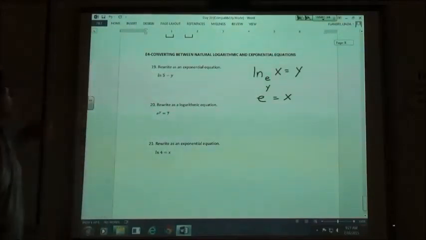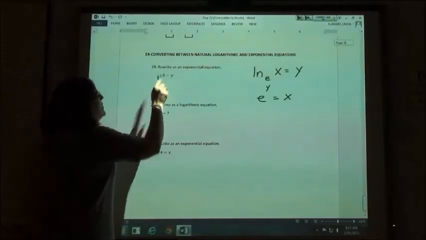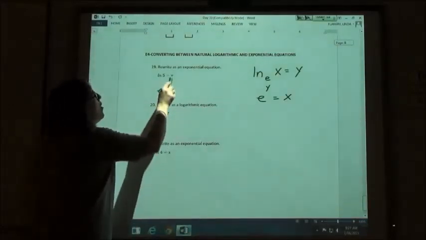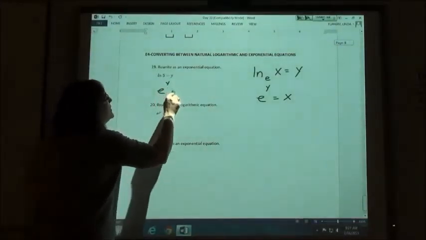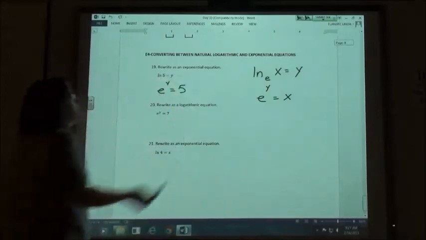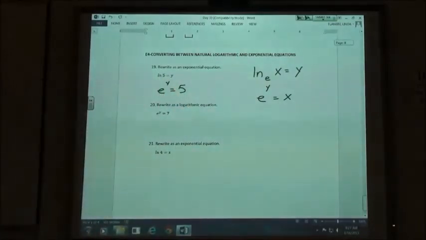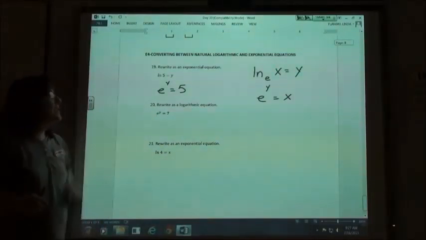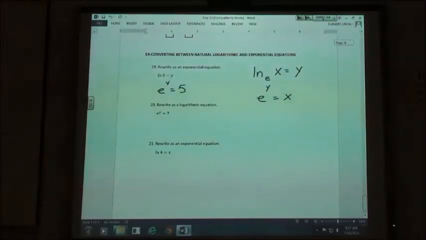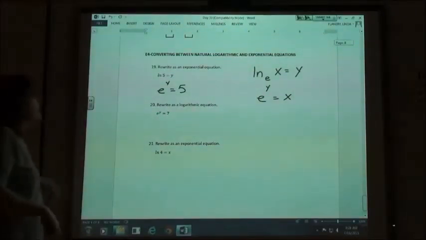So we have the natural log of 5 equals y as an exponential equation. I would say e to the y power is equal to 5. So I'm just switching the 5 and the y around. If I have it written as an exponential function, they tell you to write it as a logarithmic one, which tells me I really have to do natural log since it's base e.